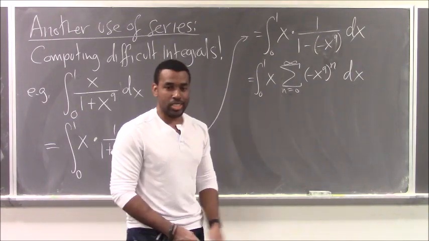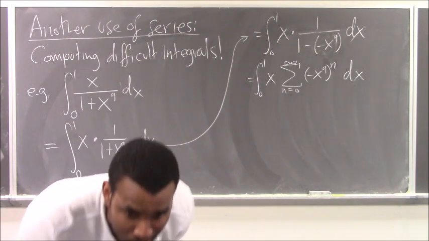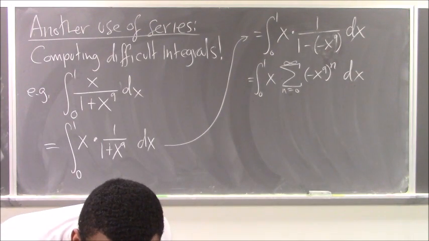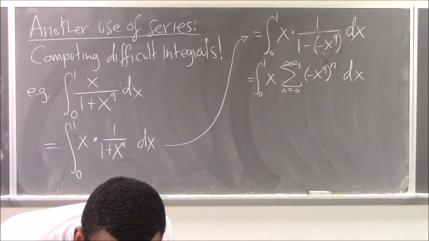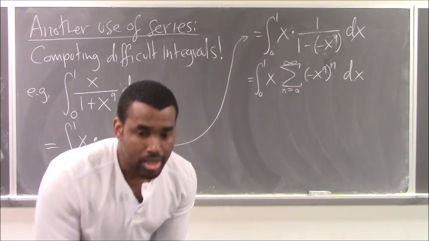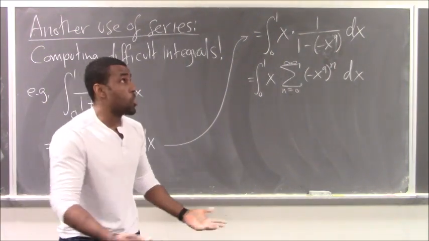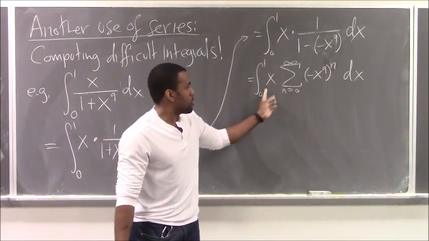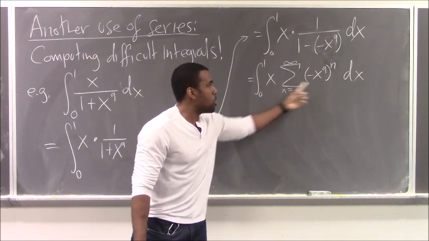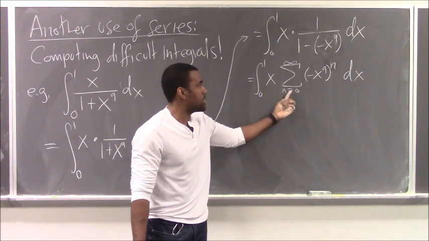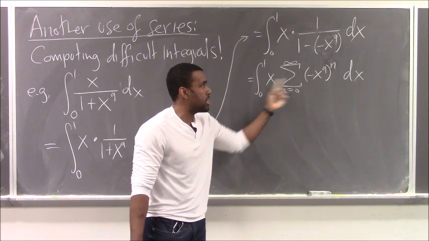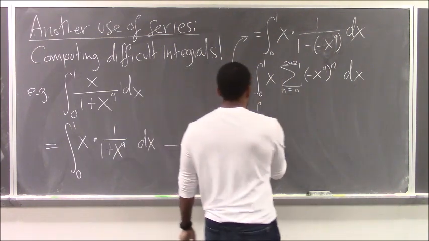A constant times a series. What are some things we're allowed to do? Yes, you can distribute the x, or one way you can think of that is to multiply the x in. The x is a constant as far as the series is concerned. I can move it inside and outside the series at will.